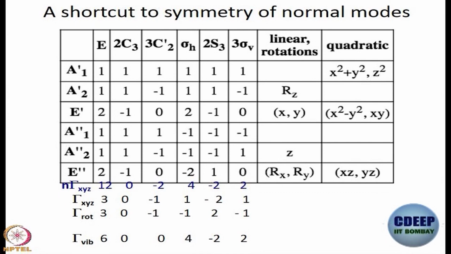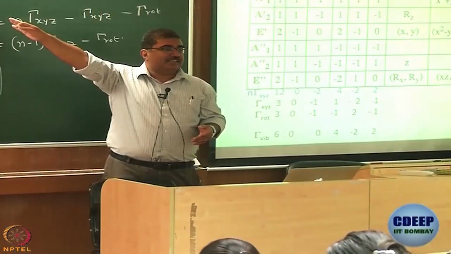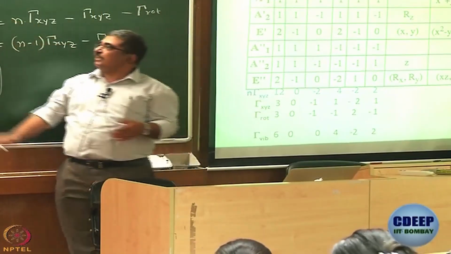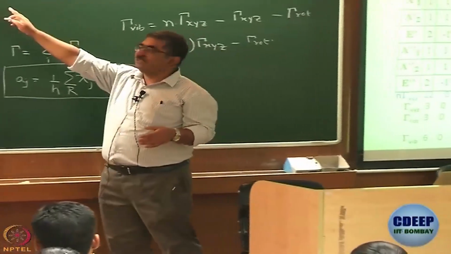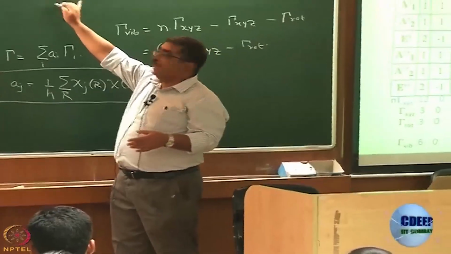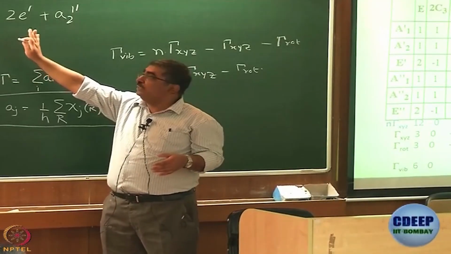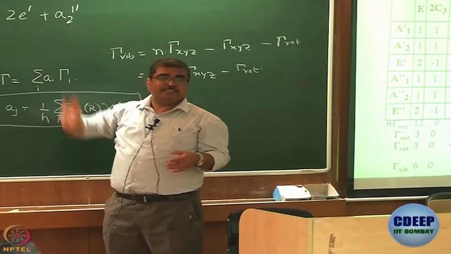So, if this is correct, then of course, the last question is only a formality. What is the coefficient of E double dash? 0, right? We have accounted for all the normal modes already. There are 6 normal modes, we have accounted for them. So, what we say is, there is one totally symmetric representation, one A2 double dash vibration, and there are 4 vibrations that belong to E dash.